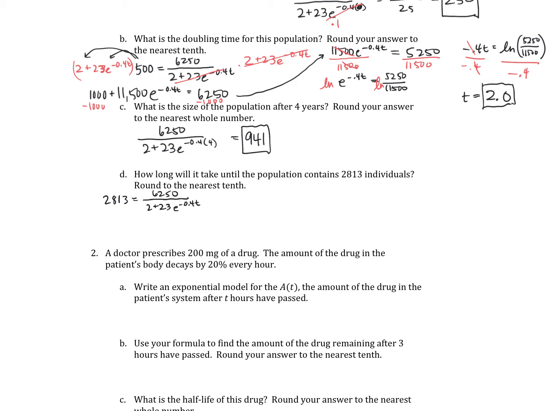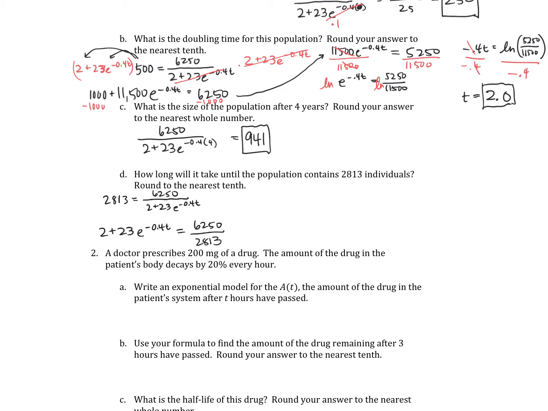Okay, so last time I did the long way all the way through. When you're solving this, you can just interchange the 2813 and the denominator. So this is going to be the same as 2 plus 23 e to the negative 0.4t is equal to 6250 over 2813.